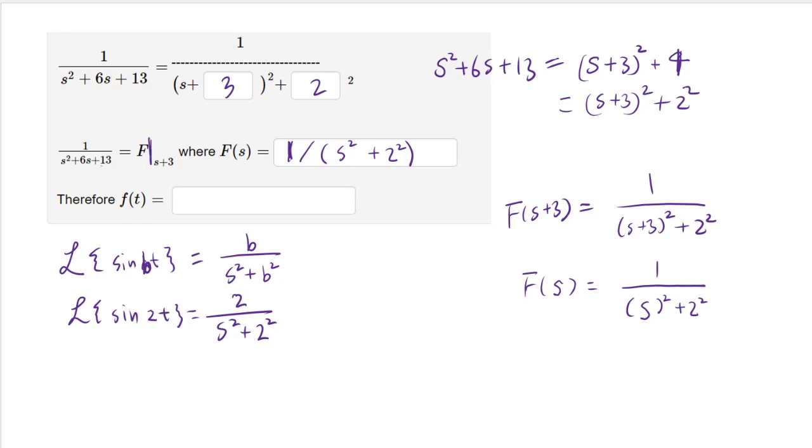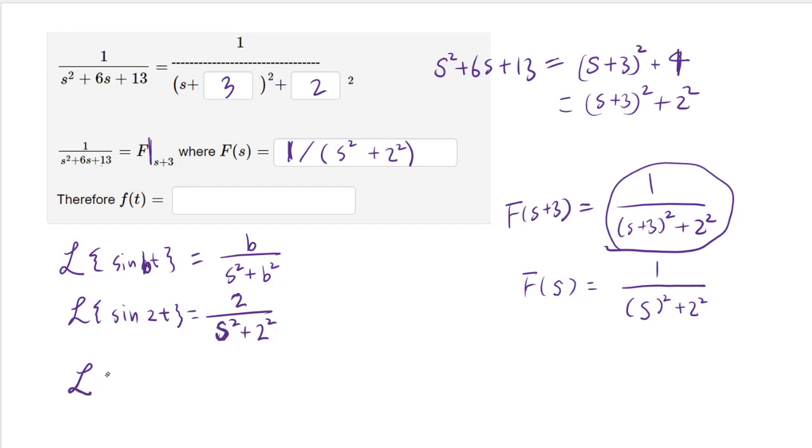We'll worry about this 2 later, but I want you to see that right now the bigger problem is that this is for s squared plus 2 squared, and I actually want to know how to invert this function, this one right here. So how do you invert this? Well, recognize that instead of this s here, you have s plus 3 residing there. So there's another formula that says the following.